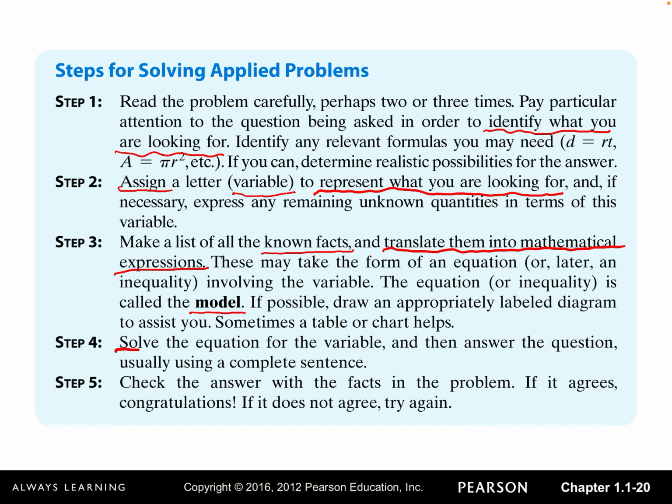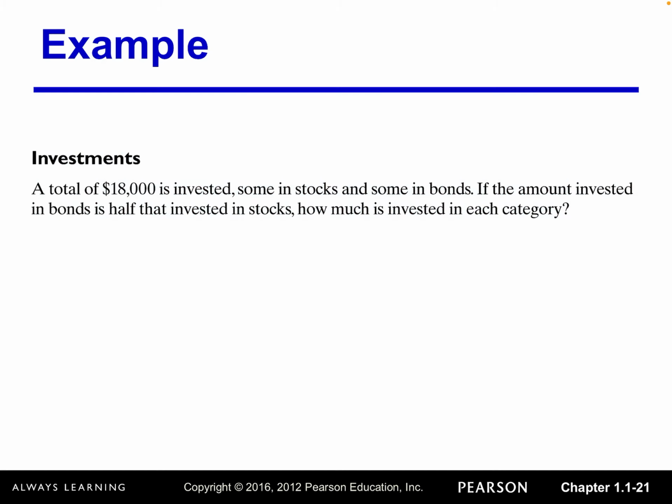And then next step, solve the equation, and then finally check the answer. That's the general 5 steps when you're trying to solve an applied problem, which is the word problem. All right, let's look at an example. There's a total of 18,000 invested, some in stocks and some in bonds.